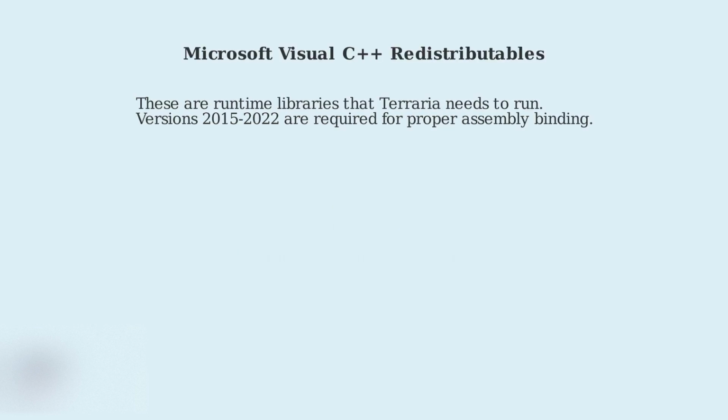Terraria's bad image format exception often stems from missing or outdated system components. The game requires specific versions of Microsoft Visual C++ redistributables and DirectX to function properly. Microsoft Visual C++ redistributables provide essential runtime libraries that Terraria uses. The game specifically needs versions from 2015 through 2022.